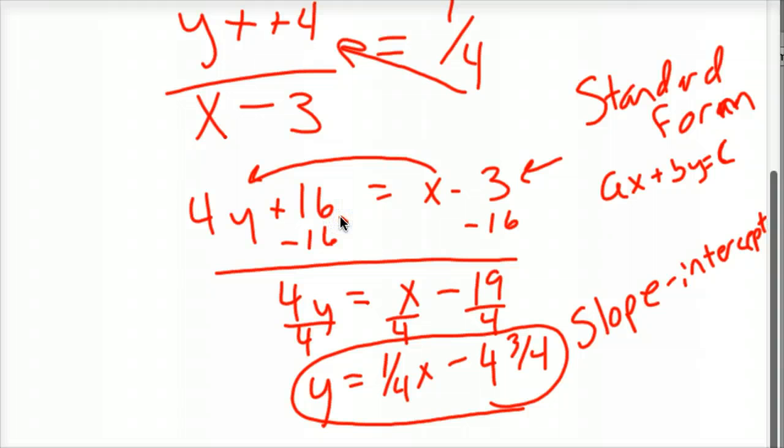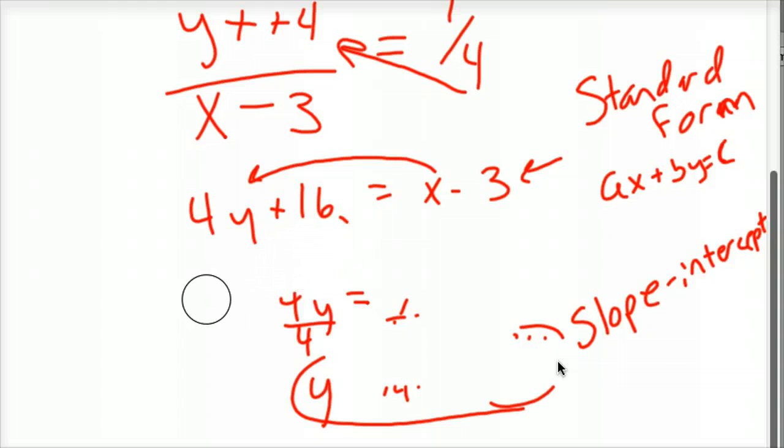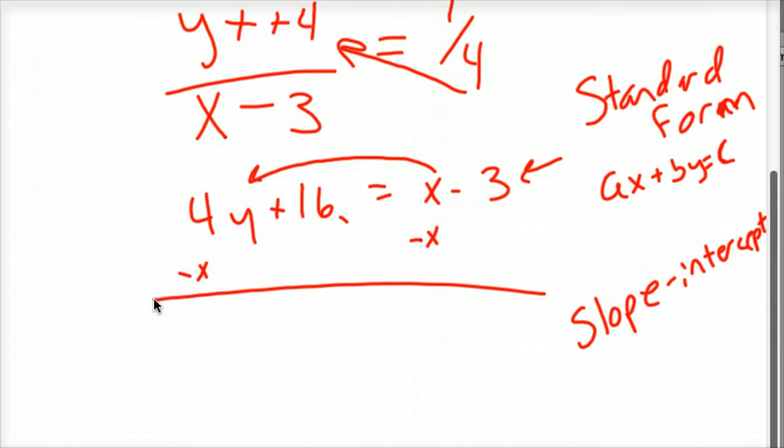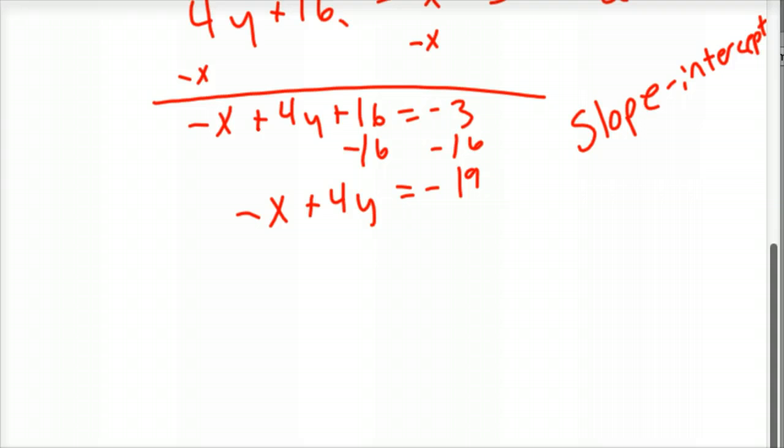So let me just erase this quick and show you the standard form. You still cross multiply and everything, and I'm going to subtract x, and so you'd have negative x plus 4y plus 16 equals negative 3, and then subtract the 16. And so you'd have negative x plus 4y equals negative 19, and that's the standard form.